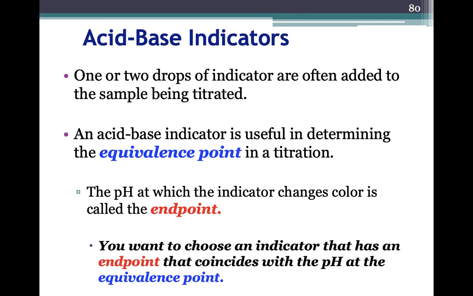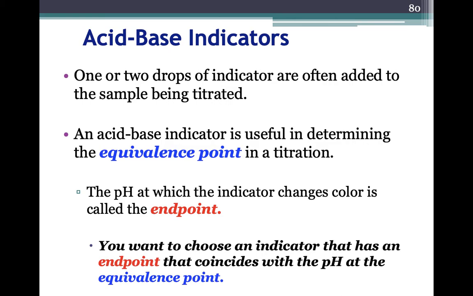So we have to figure out where that equivalence point is expected to select our indicator. And we often call the change, when that indicator changes color, the equivalence point, but we also call that the end point when we can see that color change.